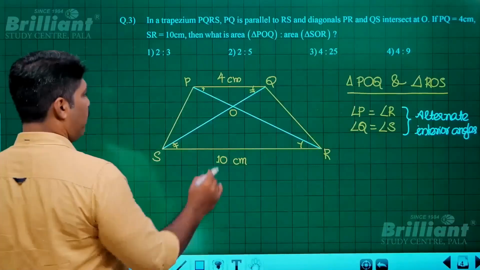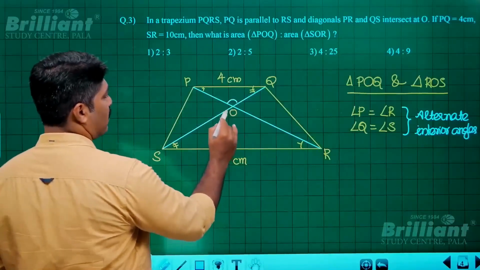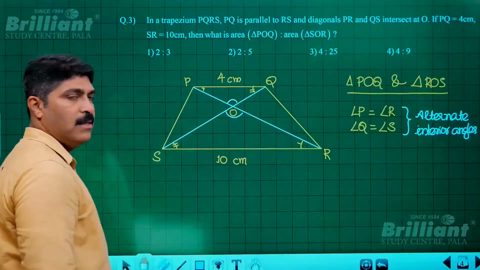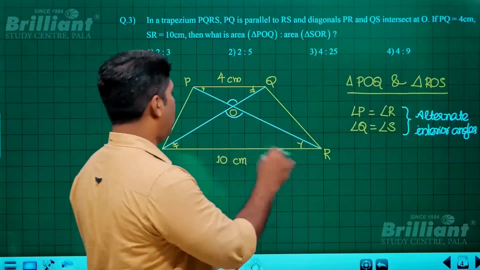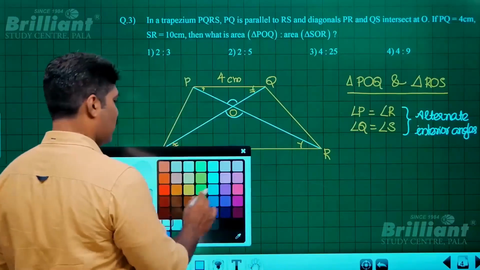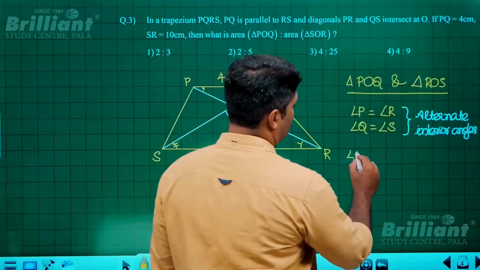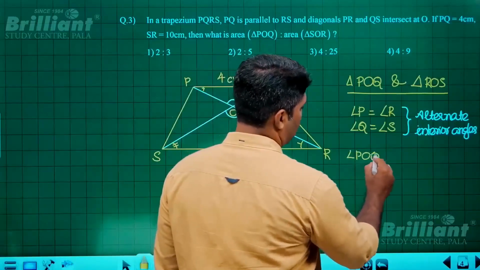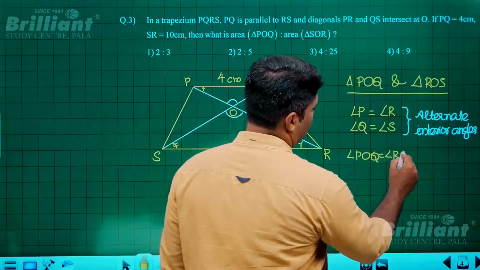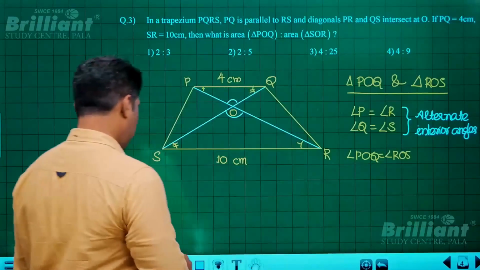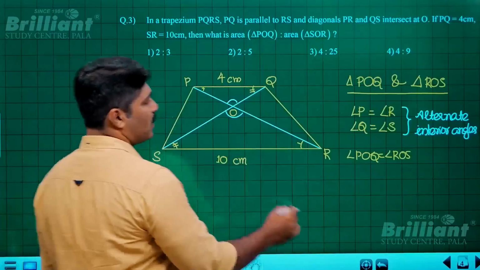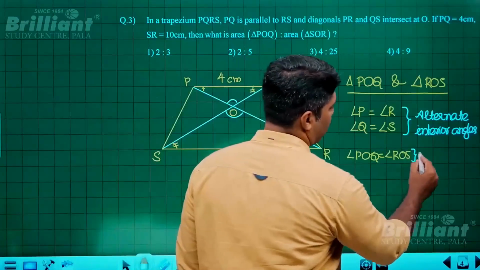Then after that, we can compare these two angles. What is the specialty of these two angles? Those are POQ, ROS. So that's the next set of angles. Angle POQ is equal to angle ROS. What is the reason here? These two angles are vertically opposite angles. Vertically opposite angles are equal.